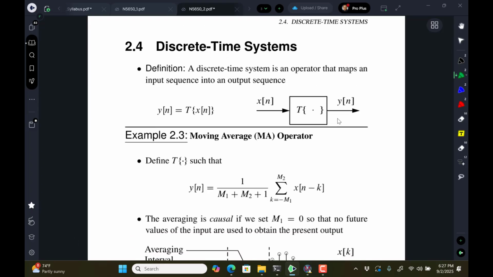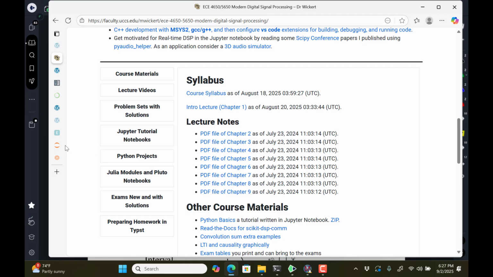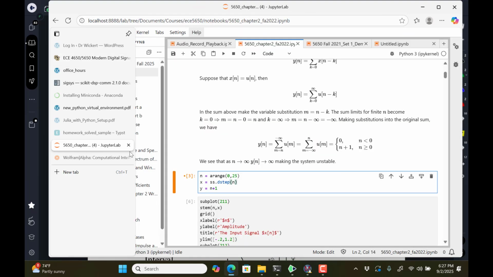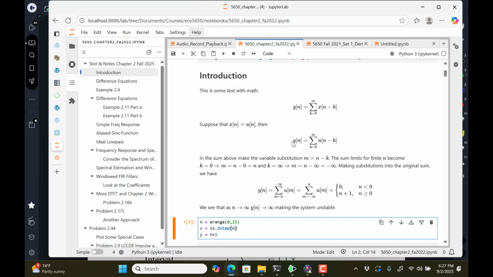So before we look at systems, let's just go play in Python for a little bit of time here. Just remember, this is the icon for Jupyter, so that's the tab we want to be in.